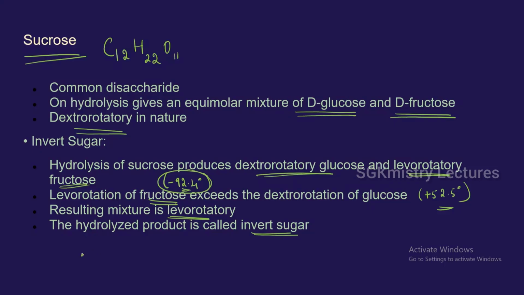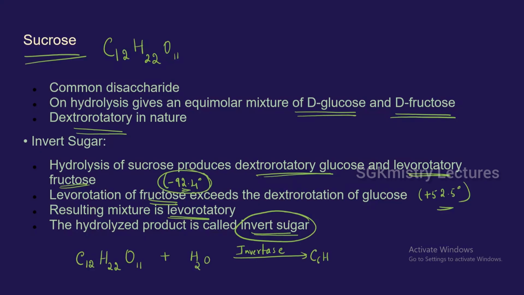So we know that C12H22O11 on hydrolysis, this enzyme that was used is invertase. Since invert sugar is formed, the enzyme is named invertase, because of the inversion from plus, that is dextrorotatory, the mixture now becomes levorotatory.